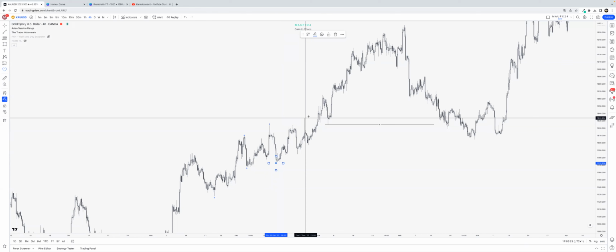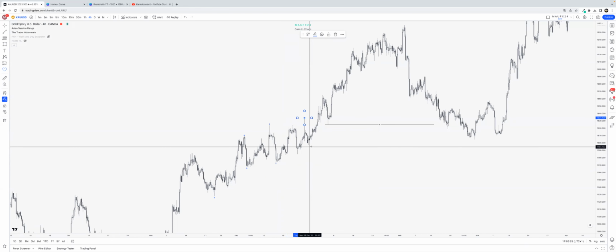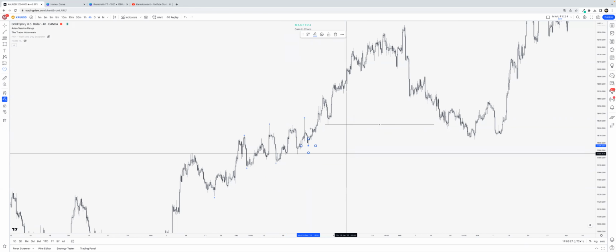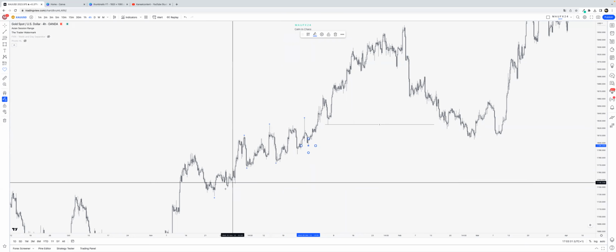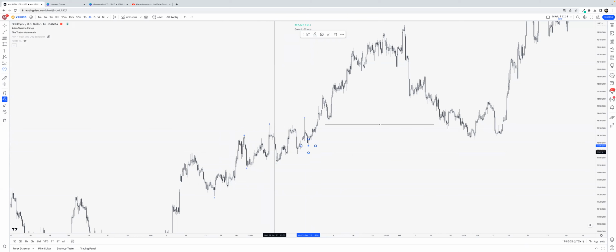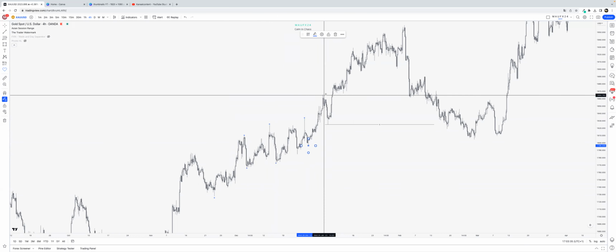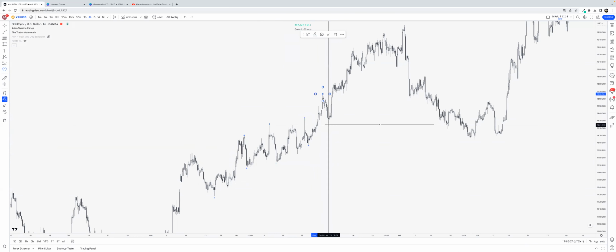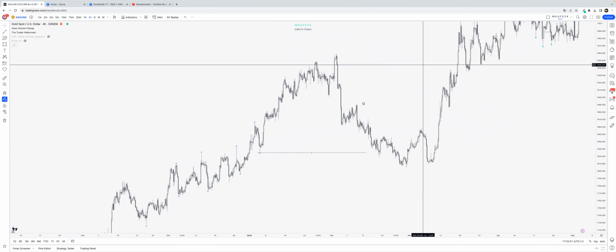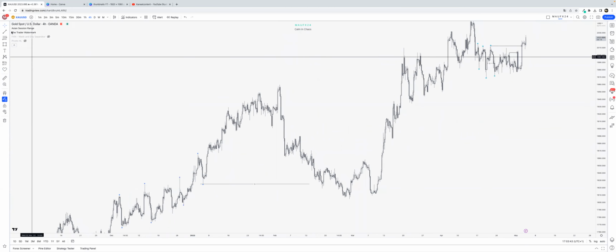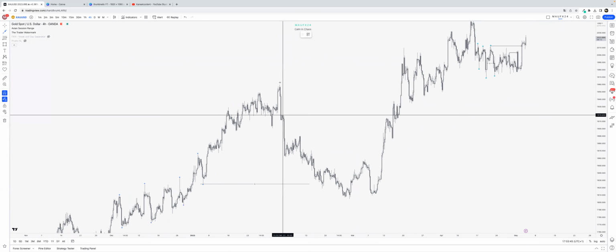So this is really looking better than GJ. I should stop swearing. Sorry. Then GJ: low, high, higher low, higher high, higher low, higher high, higher low, higher high, higher low. And we got the bearish break, we got the bullish break. So we got this structure here.